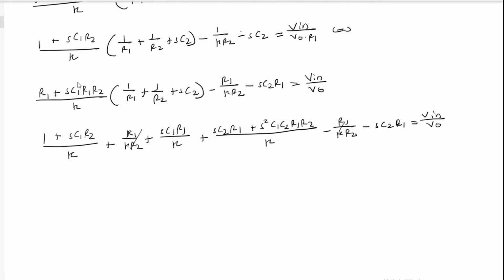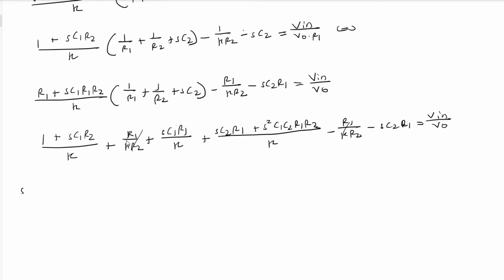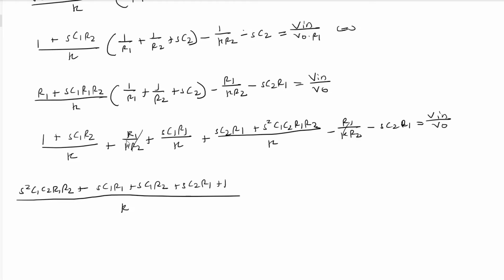Those two terms go out, and we're left with these terms. All these terms divided by K, and the last term is equal to Vin divided by VO.